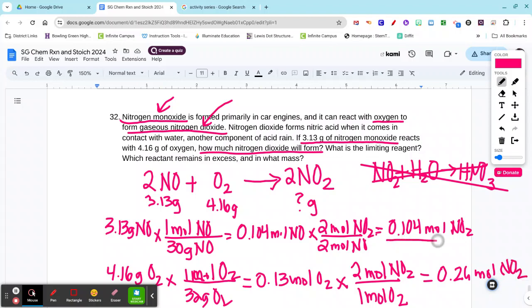Well, this one's my smaller one, so this one is not it. So this one I'm going to take to grams by multiplying by my molar mass, which is 46.01 grams for every 1 mole. And then my answer ends up being 4.79 grams of NO2.